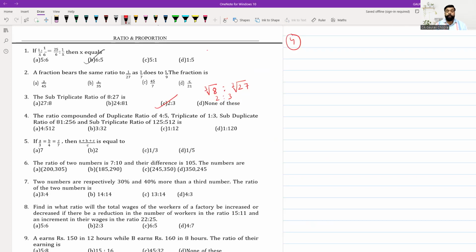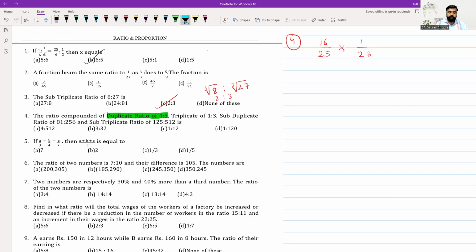Which ratios do we have to compound? The first one is the duplicate ratio of 4:5. Duplicate means square: 4 square is 16, 5 square is 25. Multiply by the triplicate ratio of 1:3. Triplicate is the cube: 1 cube is 1 and 3 cube is 27.